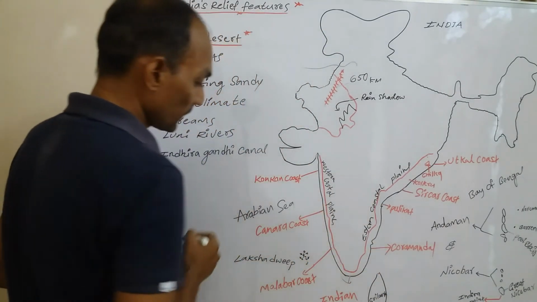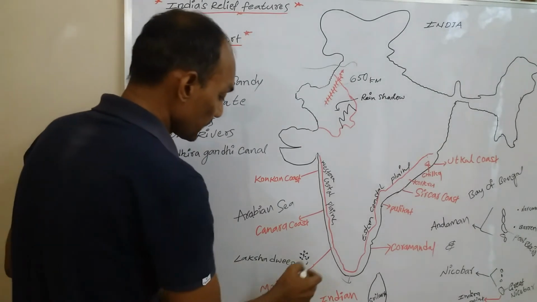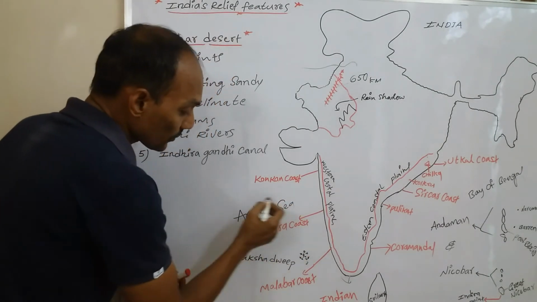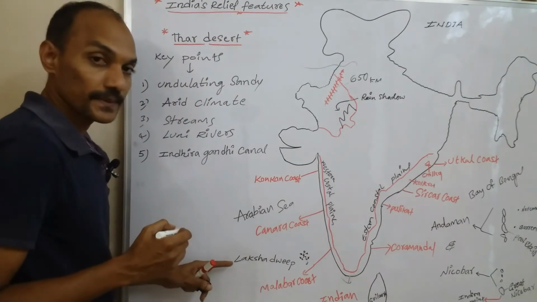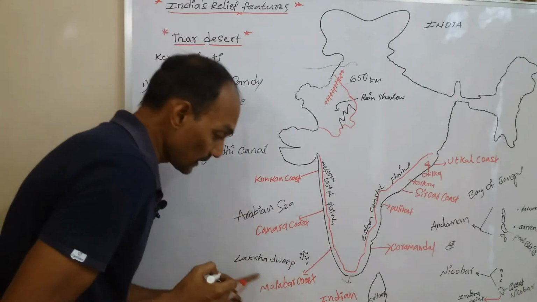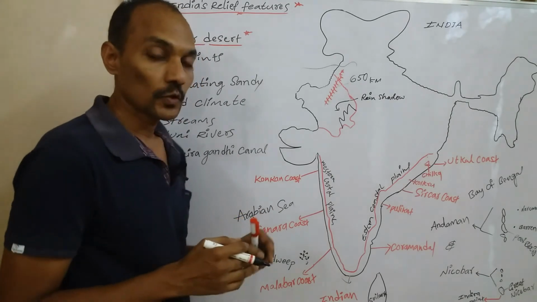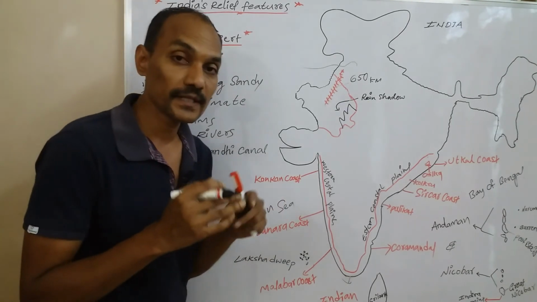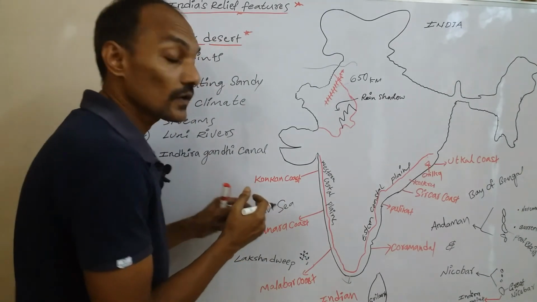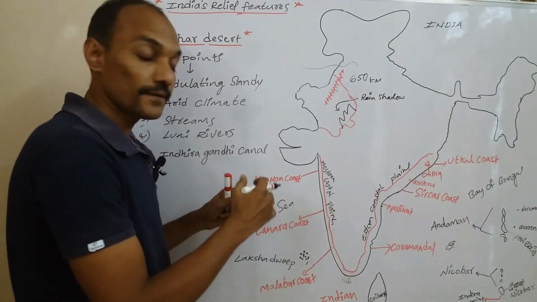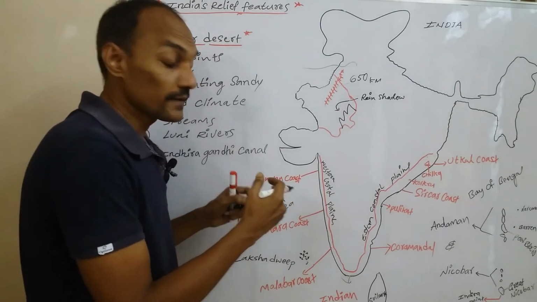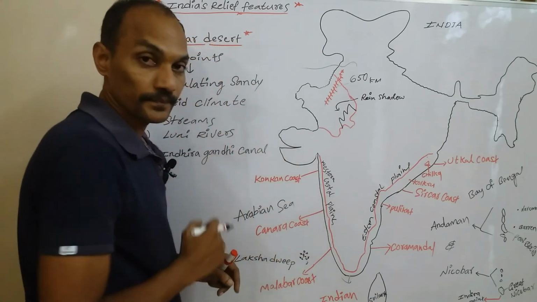Next, Lakshadweep. These Lakshadweep islands are located in the Arabian Sea. They are coral reef originated. Coral reef means a colorful hard substance formed by the skeletons of small creatures which live in ocean water.